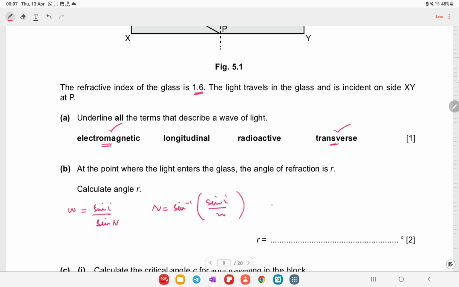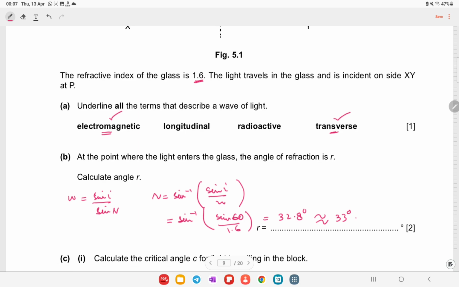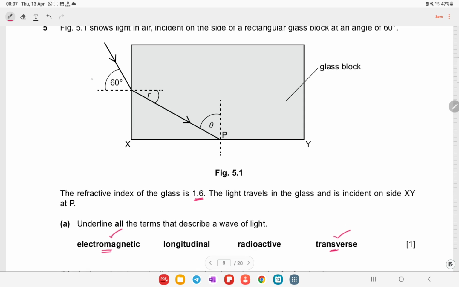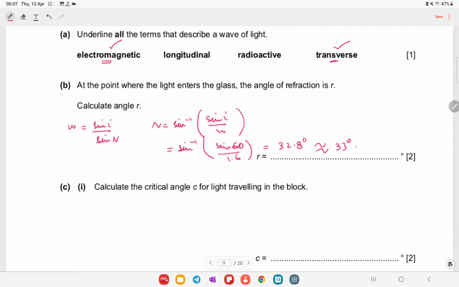You just plug in the values: sine inverse of sine 60 divided by 1.6. So you end up with 32.8 degrees. To two significant figures that is 33 degrees. The incident angle is 60, which you must know.